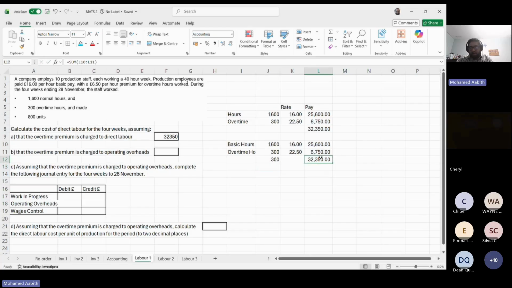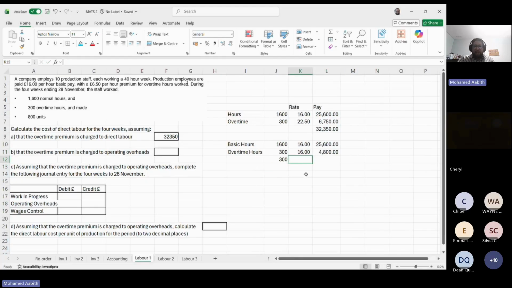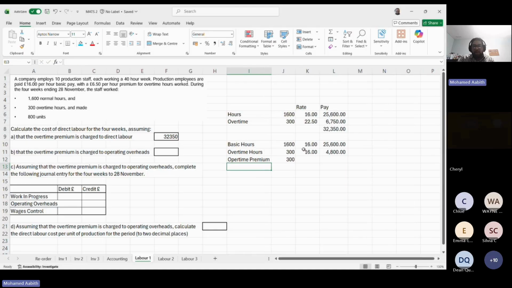I'm going to quickly show that. This overtime hours is also charged at the same rate. And then they will get paid overtime premium on top of that. That overtime premium is still the same hours you did overtime, but this time it is going to be equal to how much?